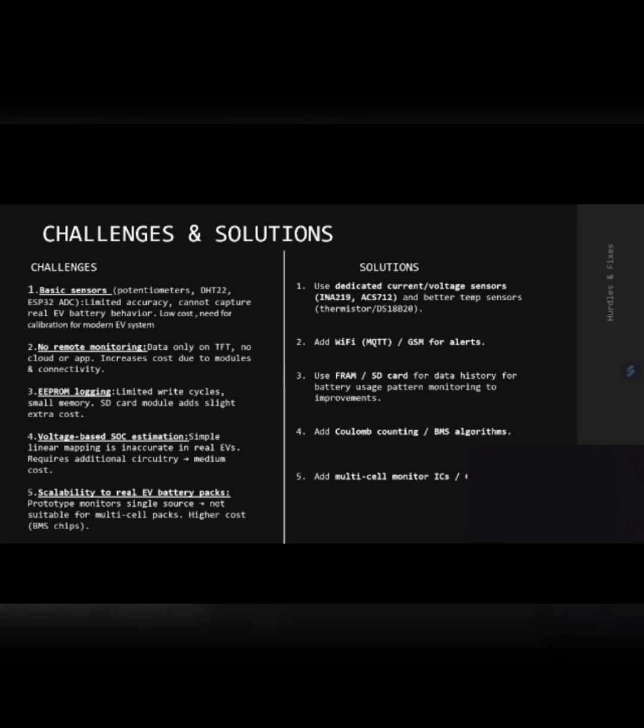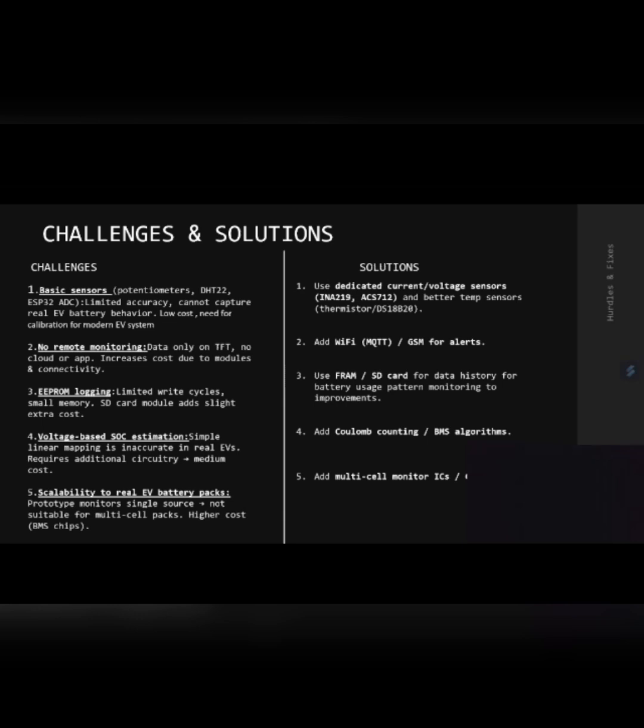Scalability to real EV packs: the prototype monitors a single source, not suitable for a multi-cell pack. Higher cost and a BMS chip are required. So the solution is that if we use dedicated current sensors and voltage sensors, then the temperature sensor can be replaced by a thermistor or DS18B20 module.